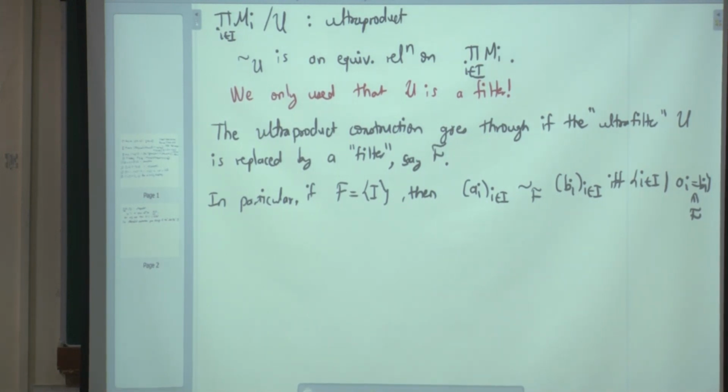Only capital I. So, if and only if for all i in I, a_i is equal to b_i.